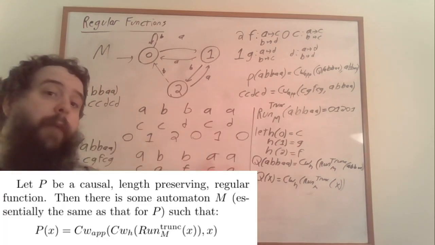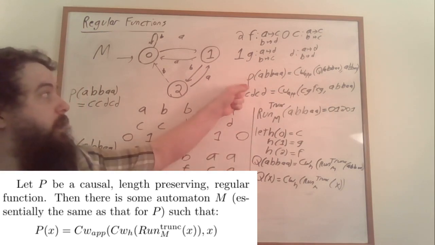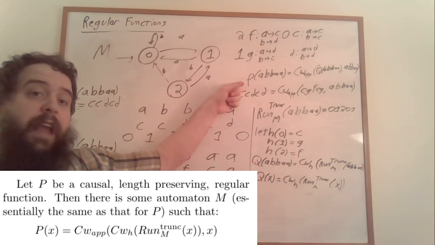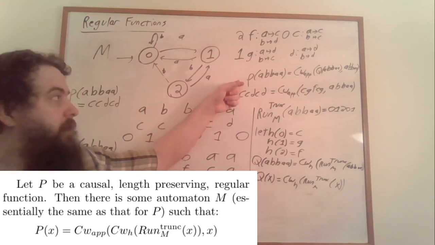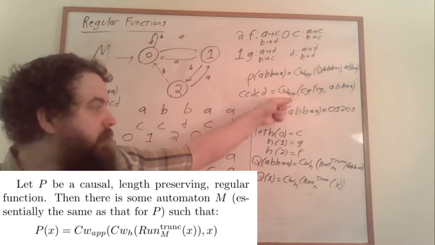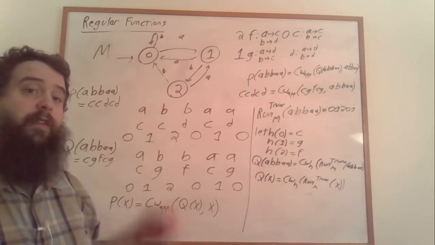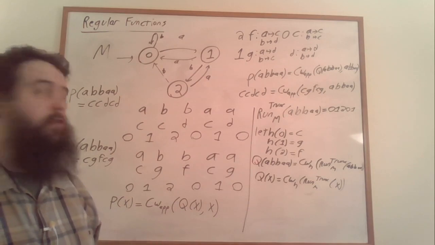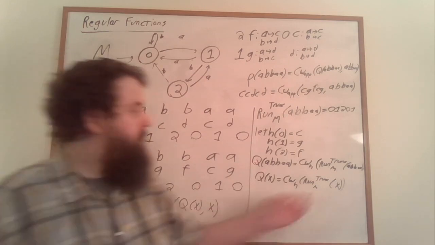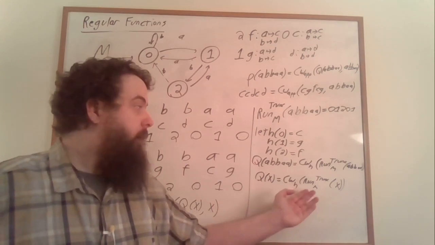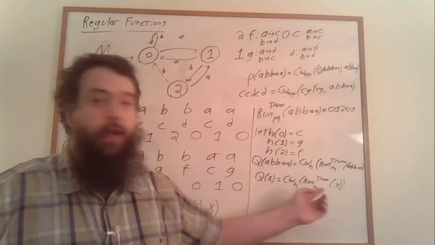And so when we combine these two results, we have that our original causal length-preserving regular function could be written as a composition of character-wise functions and a truncated run map. And so if we want to study the causal length-preserving regular functions, all we need to do is understand the character-wise map, which we do, and then also understand truncated run maps.